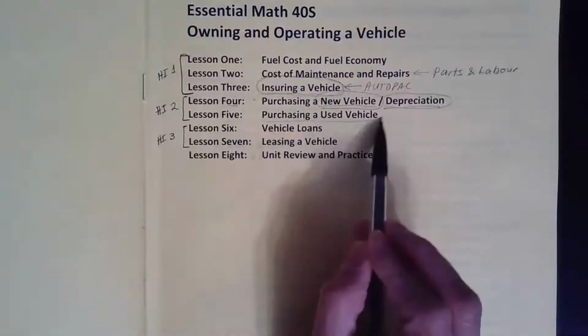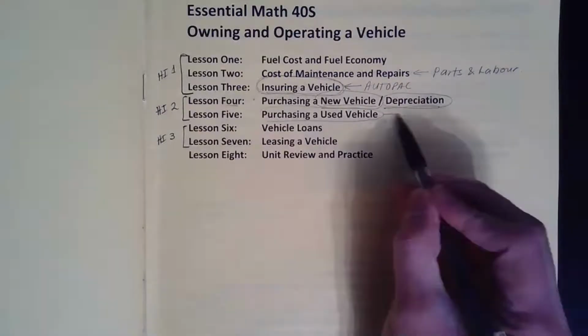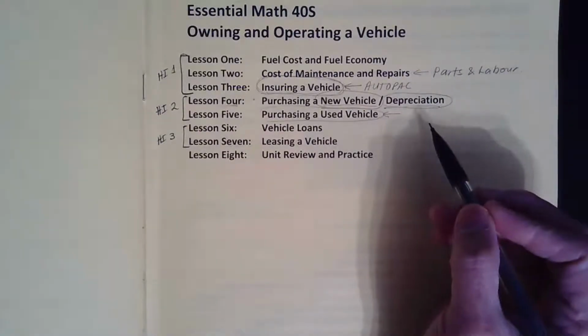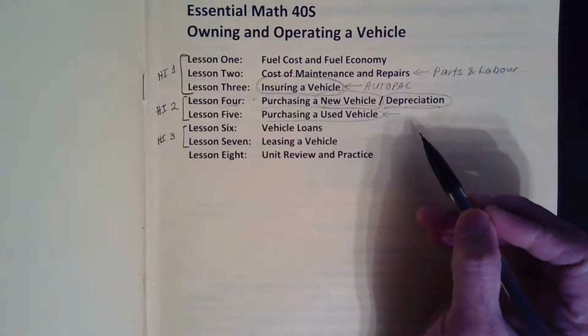Lesson 5, just to summarize, we talked about used vehicles. In terms of used vehicles, we have options. A used vehicle can be purchased from a dealership, where it's subject to GST and PST.